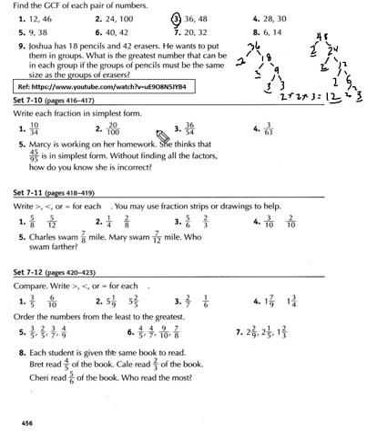Okay, write each fraction in simplest form. Well, let's take number 3 as an example. They're both divisible by 2, so this fraction equals 18 over 27.